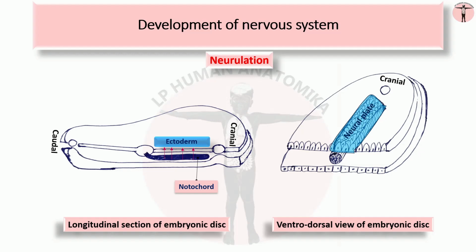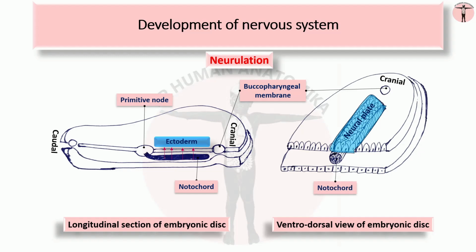At first, the elongated neural plate corresponds precisely in length to the underlying notochord up to the buccopharyngeal membrane. It appears cranial to the primitive node and dorsal to the notochord and the mesoderm.